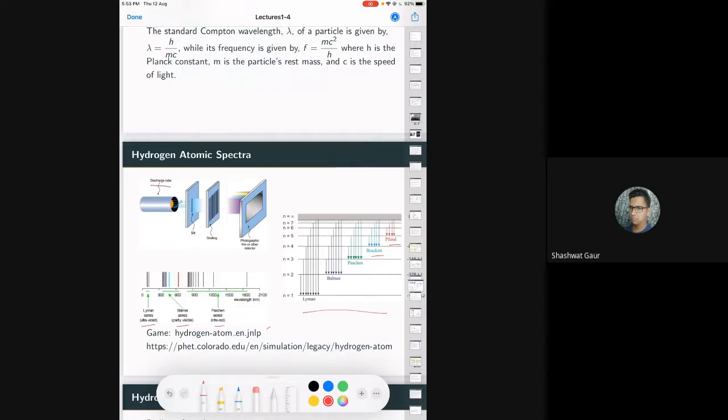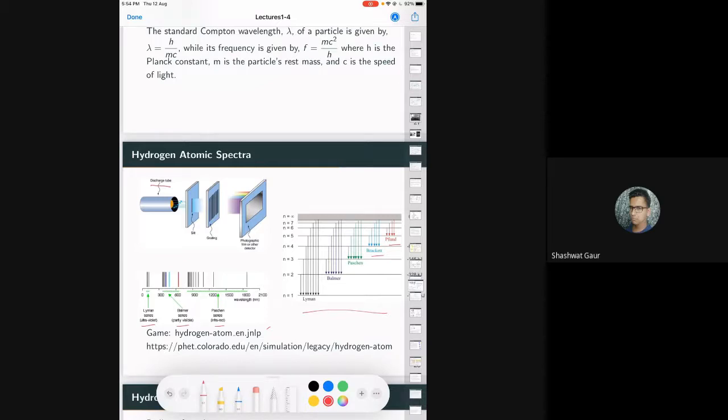So these experiments were before Bohr came up with his atomic structure. And Bohr, actually, he did not talk about quantization, but the model he proposed actually required quantization, right? He said that you have certain orbits of definite energy, which means that the gaps between these orbits are of fixed energy.